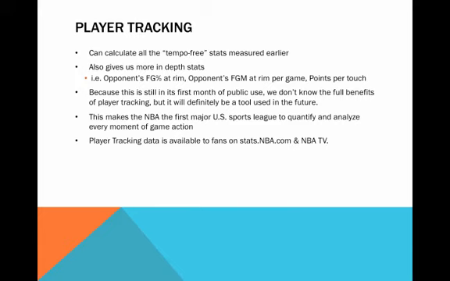It's really endless possibilities. So player tracking can calculate all the tempo-free stats measured earlier, and I might note I didn't note every tempo-free stat that there is. And it also gives us more in-depth stats like an opponent's field goal percentage at the rim or number of field goals allowed at the rim per game, which in today's high-scoring NBA is a huge cause of concern.